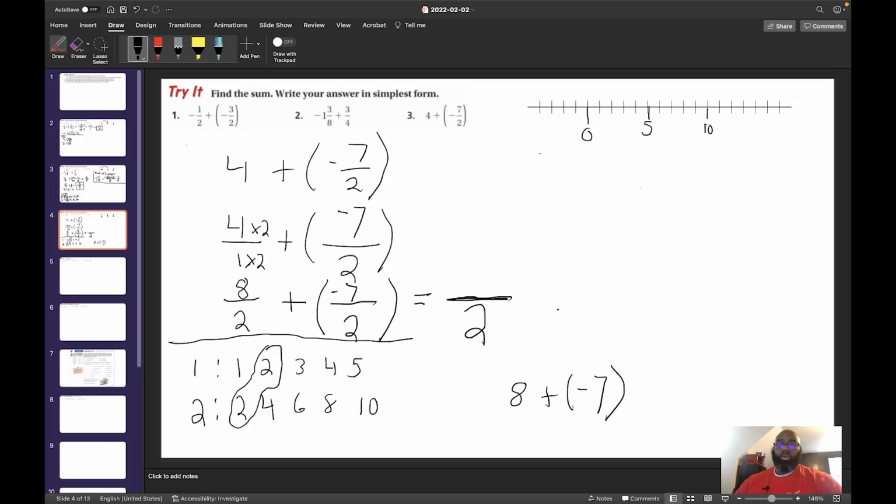The plus sign says go right, but the negative on the second number says switch directions, so we're actually going to go left 7 units. 1, 2, 3, 4, 5, 6, 7. That puts us at +1. 8 plus -7 is 1. 1/2 is the final answer.